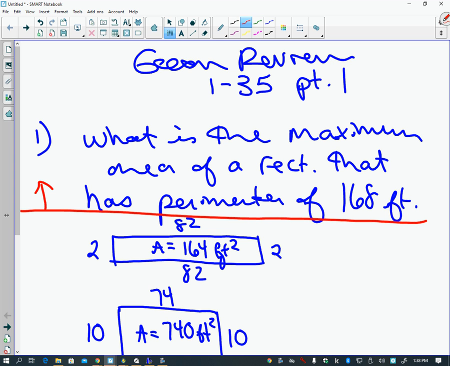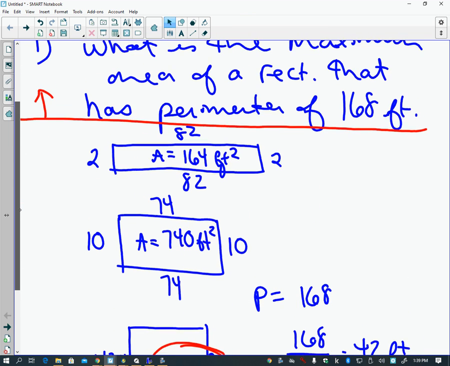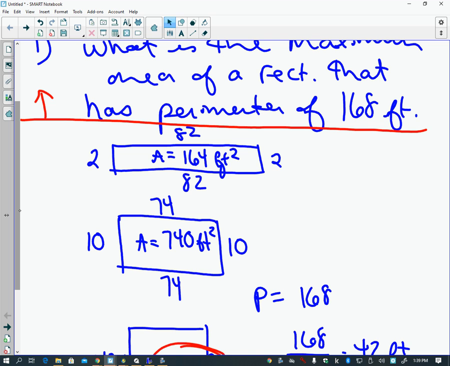It says, what is the maximum area of a rectangle that has a perimeter of 168 feet? And what I showed them is that, hold on, this should say, well, let me double check.